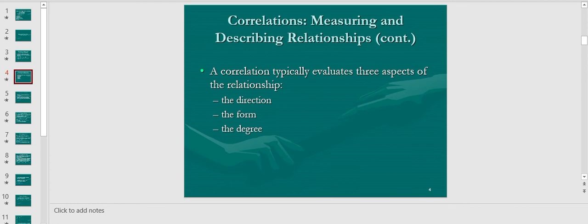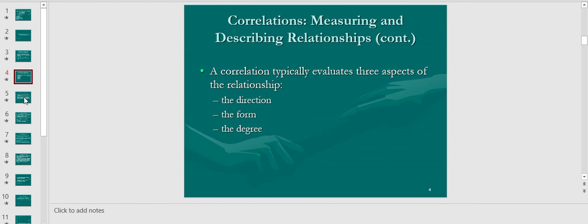For a correlation of 1 or minus 1, each change in x is accompanied by a perfectly predictable change in y. And this was some information about the correlation from the previous lecture.